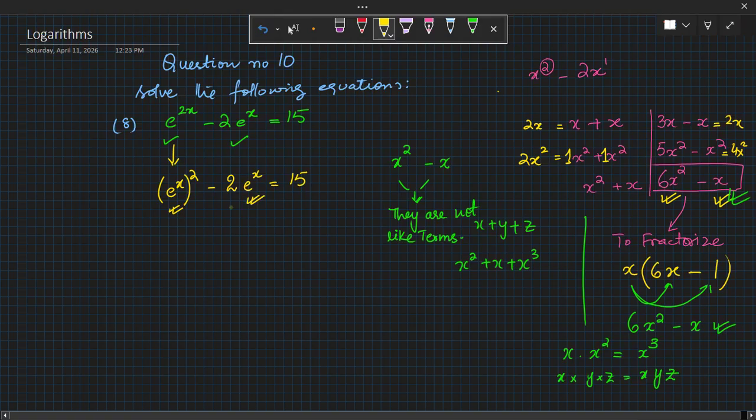So, let exponential x equal y. I'm going to call this equation number one, and this is equation number two. Now I am going to put into equation number one whatever I have supposed here.